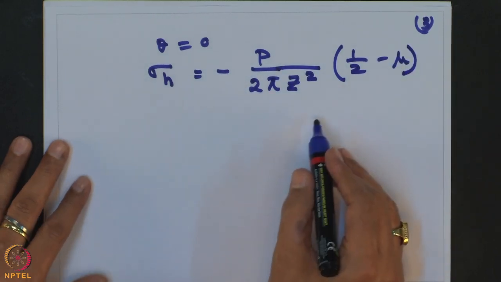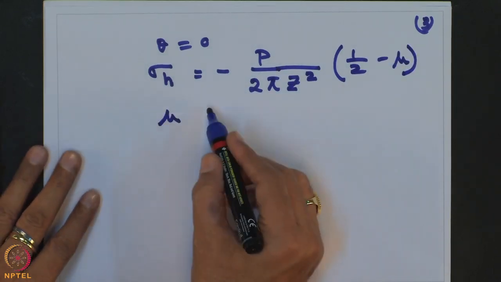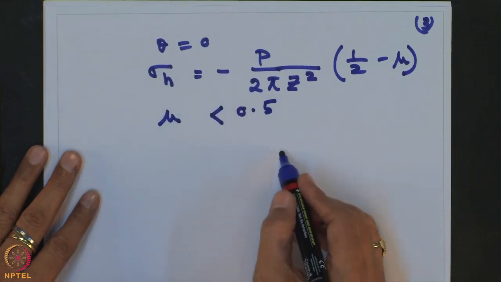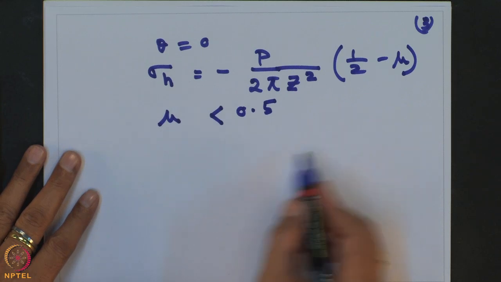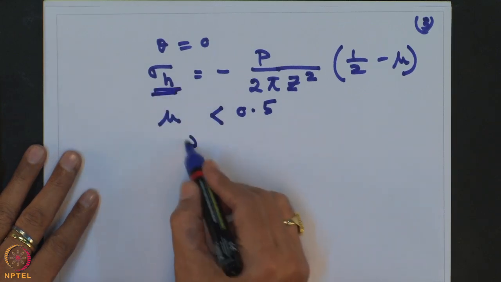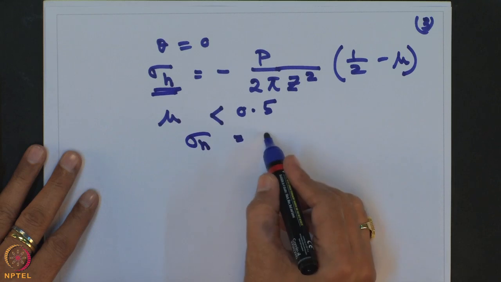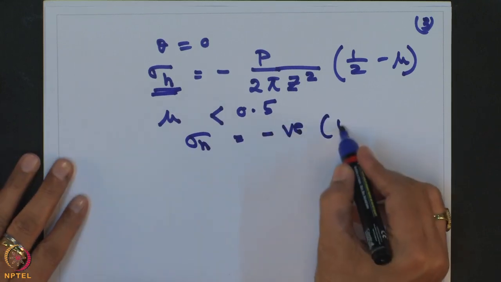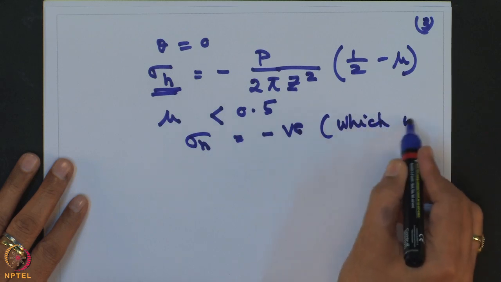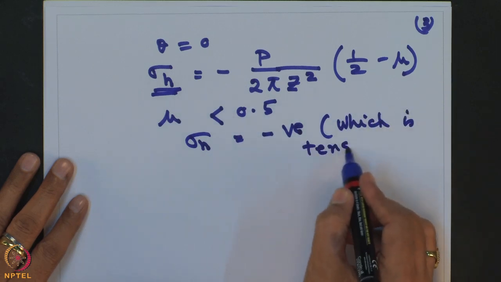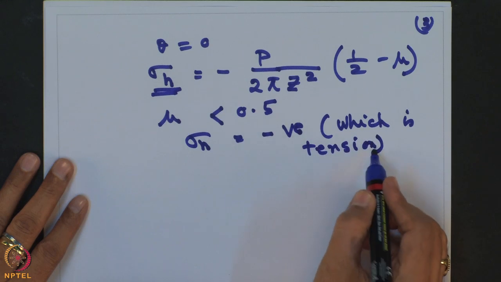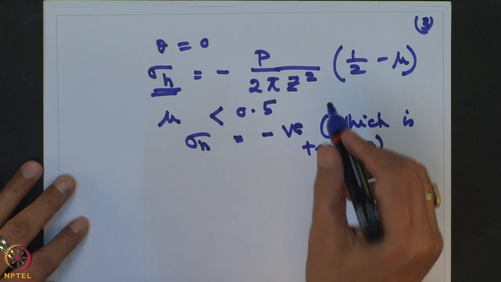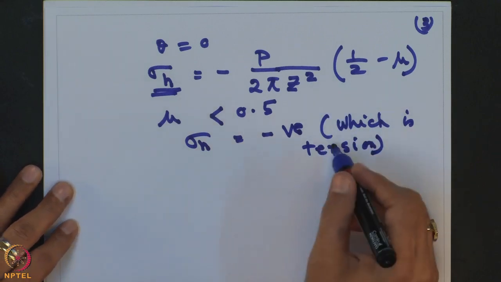So, if the mu value is less than 0.5, then what should be the value of sigma h? Sigma h will be negative. That means it is tension. That is why the tension develops. That means the applied vertical load produces tension in the horizontal plane beneath it.